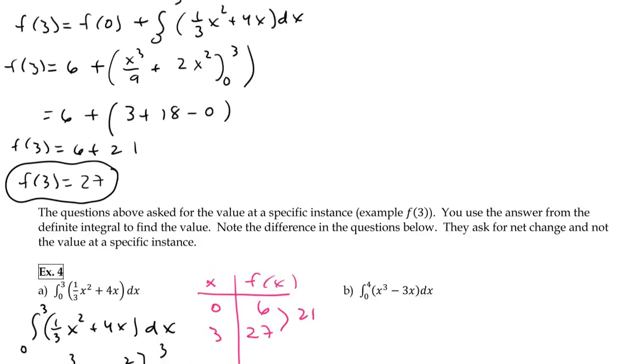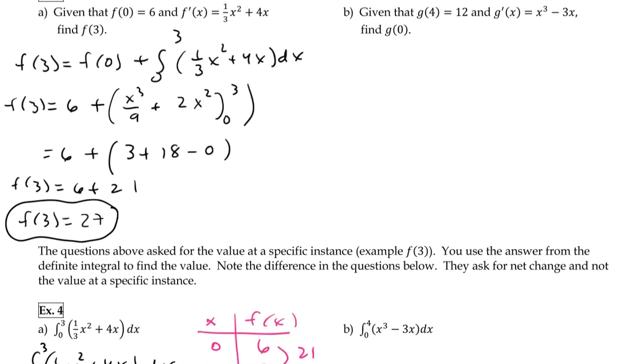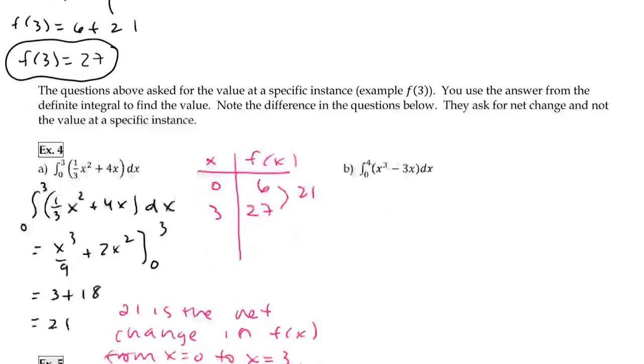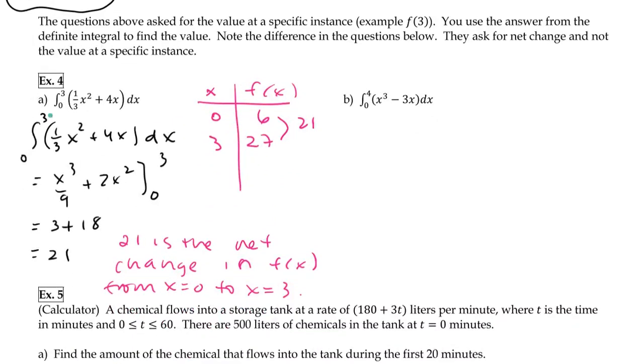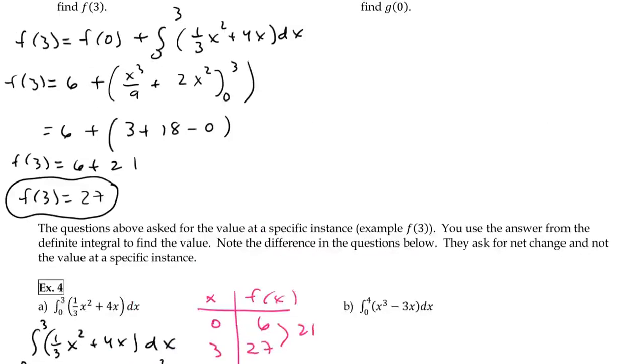So if I started with 6 and I have a net change of 21, I end up at 27. This question asked, where did we end up at 3? This one did not. This just said, because they were just integrating, find the net change. So I need you to see the difference between the net change and the accumulated value, like where you end up. Okay, let's do the same thing over here.